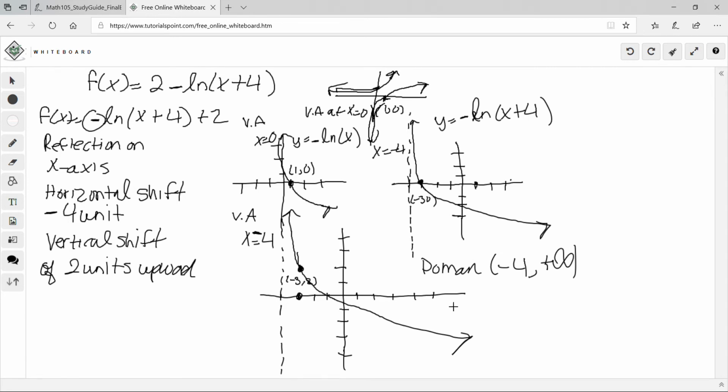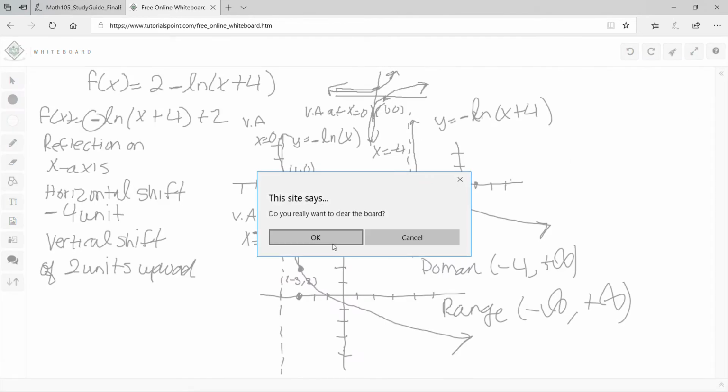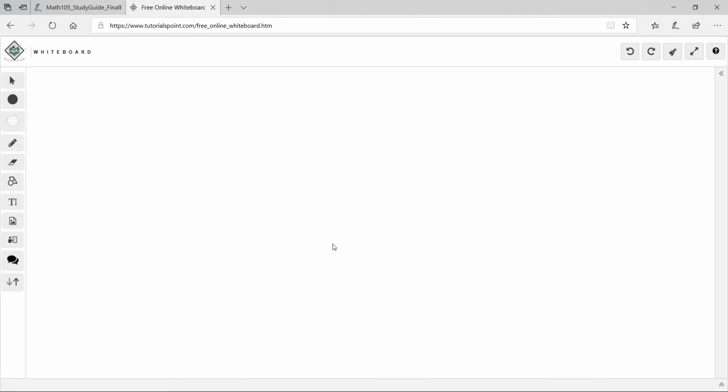And then the range is all real numbers. So that's how you graph this natural log graph. That was 20. Let's do 21.